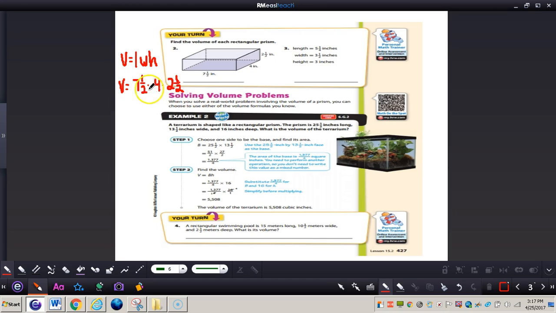Now we multiply the 7.5 times 4. 7.5 times 4 is going to give us 30. Then we still have 30 times 2.5. Now we multiply: volume equals 30 times 2.5.